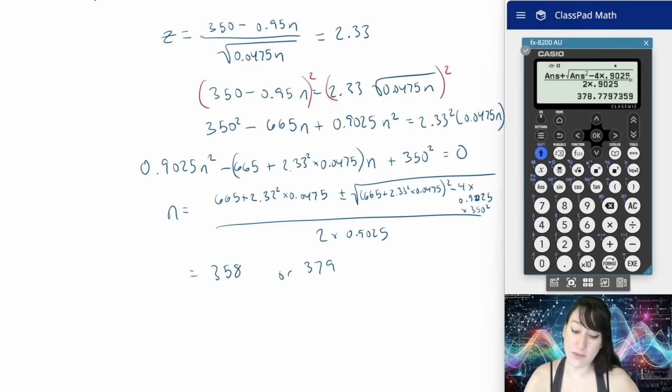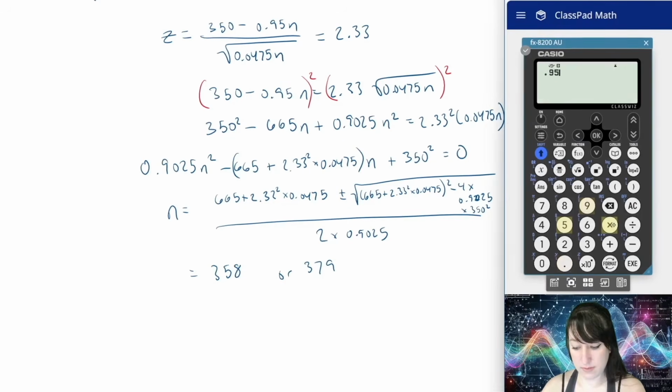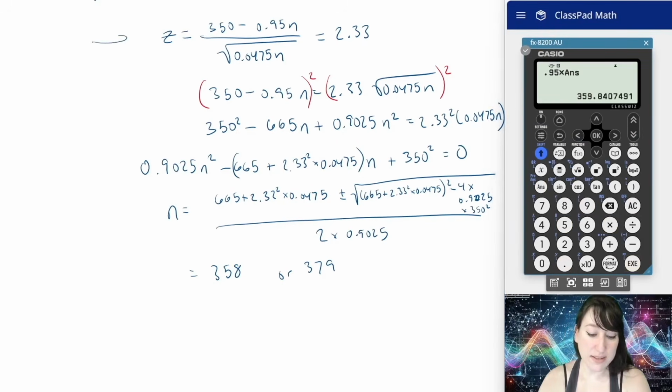Now, one of these is a false solution, and that would be the 379. Notice how if we put it into the z-score formula, 350 minus 0.95n, that we'd get a negative in the numerator. So that's the one that doesn't make sense in this context. So we will throw that one out.